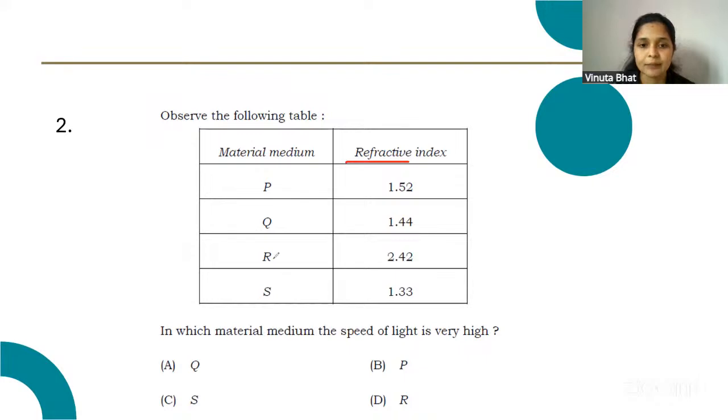Here we have 1.52, 1.44, 2.42 and 1.33. S has the lowest, 1.33. So the correct answer is option C, S.